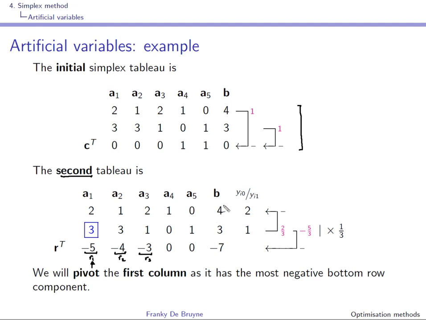This is this element divided by this one, that's a 2, and this element divided by this one, that's a 1. So the smallest non-negative element in this column is 1. So this selects now this row, and as you can see, our pivot here is 3, right? So we can see that x1 is going to join the base, and the variable x5 is going to leave the base, right?